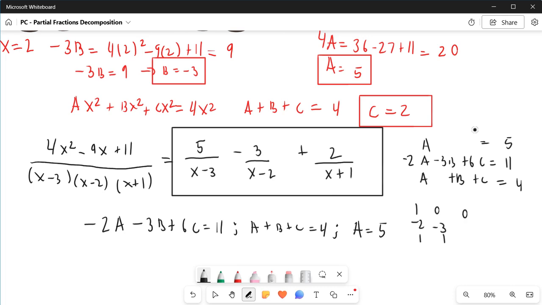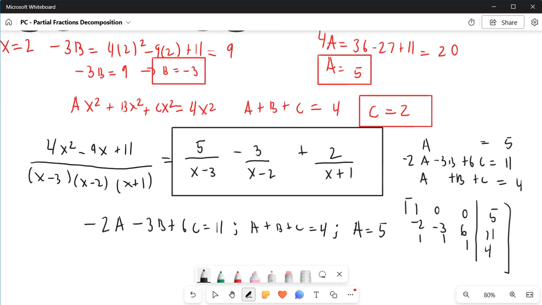We're going to have a 0, and then we have a 6, and then we have a 1. But what would that be? That would be such that it's augmented to 5, 11, and 4.